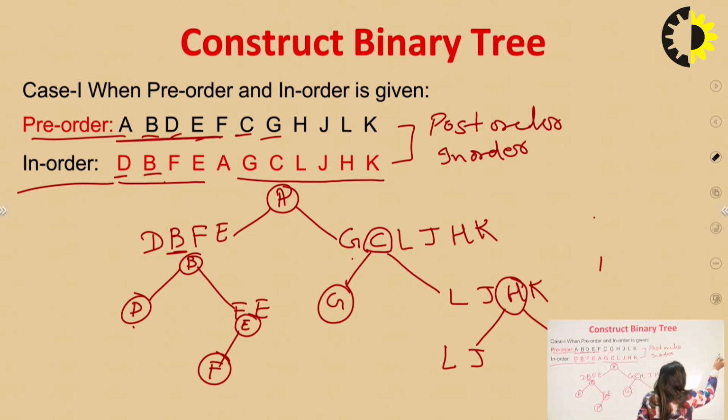Okay. Now according to pre-order, J is working as a node, so check whether L will come to the left or right. According to this, it comes to the left side, which means here is L, and same. So according to this, all these nodes are covered.